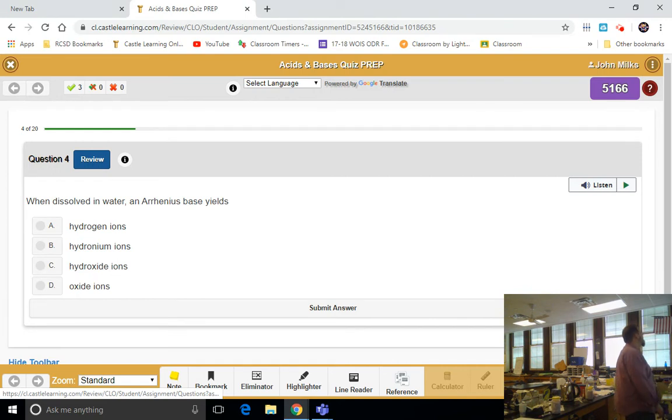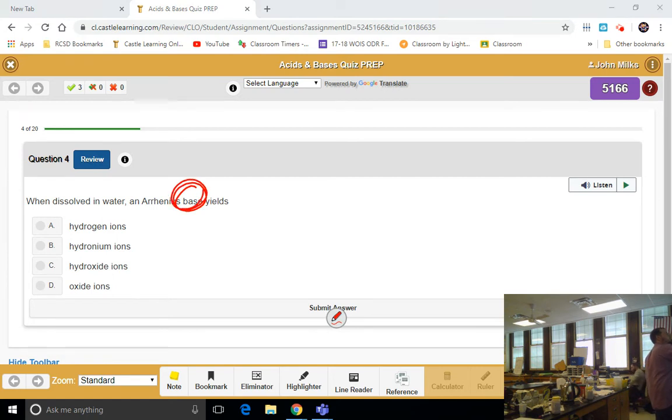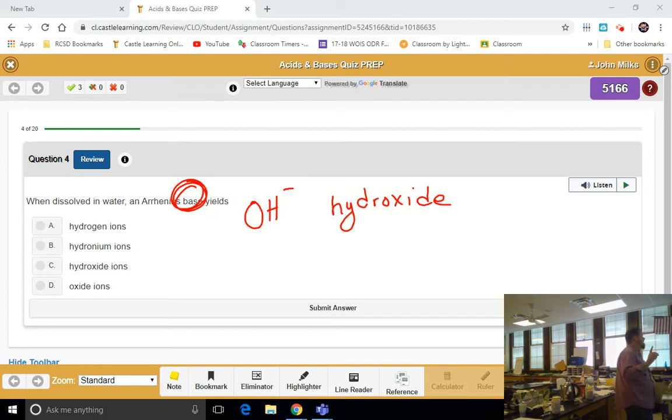All right, 4. When dissolved in water, an Arrhenius base yields... So base is my key word. We knew bases make OH minus, which is also hydroxide. And hydronium and hydroxide are two very close words.